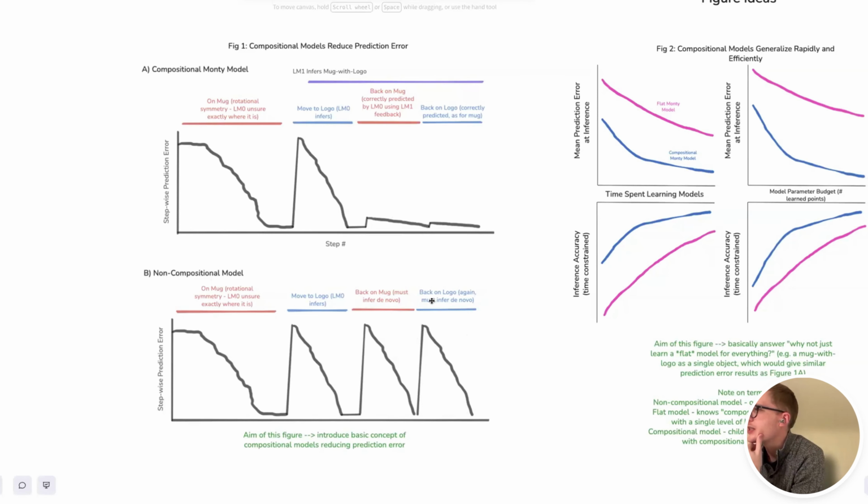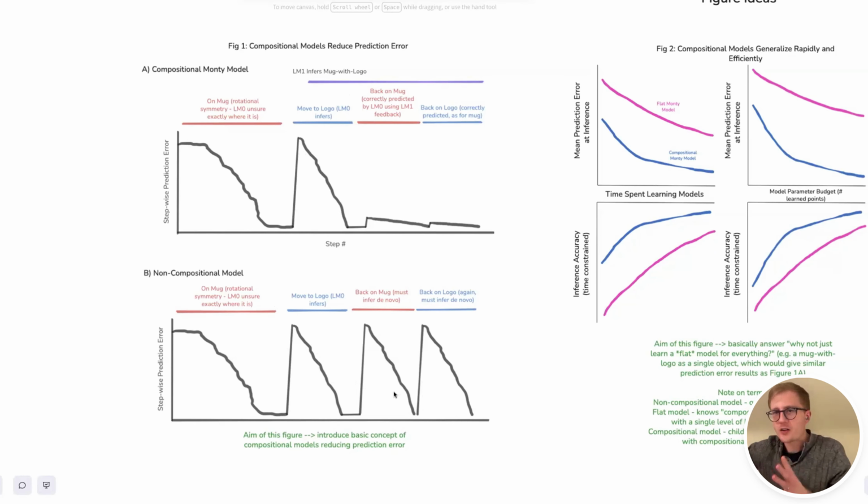But then a counter to this would be, okay, well, what if I just learned a flat model? I described this as a non-compositional model because this learning module only knows about mugs and logos. But if you have a learning module that spends lots of time and learns logo on mug as a single object, it would actually still get low prediction error once it's recognized that it's on the mug with logo as it moves between these.